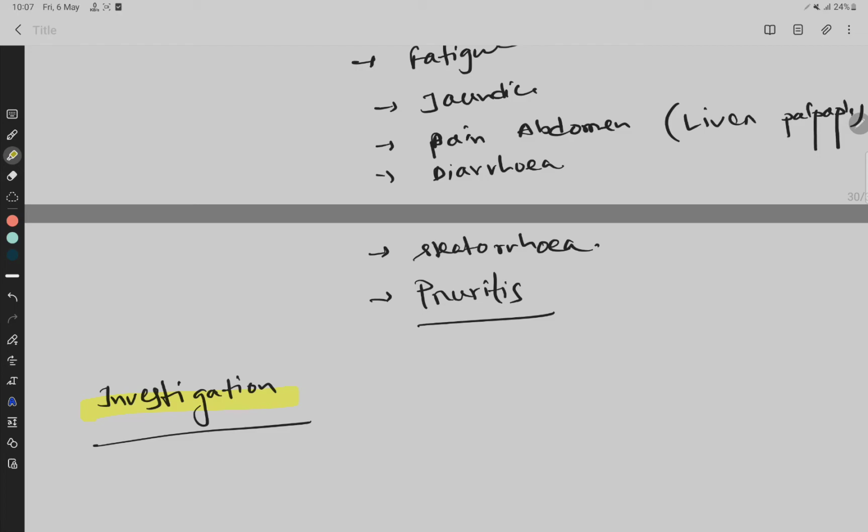In routine investigation, LFT. In LFT, ALP level is much increased, and GGT is also increased.